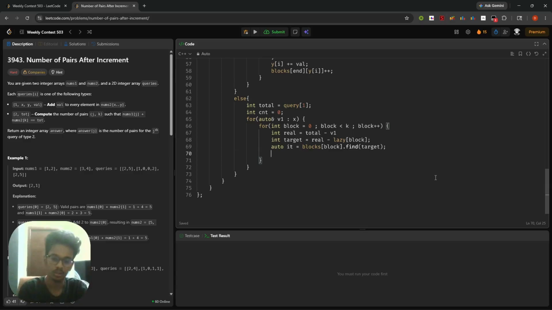If the stored value is available, which is if it is not equal to blocks of block dot end, count plus equal to it second, which is the frequency of that particular thing.